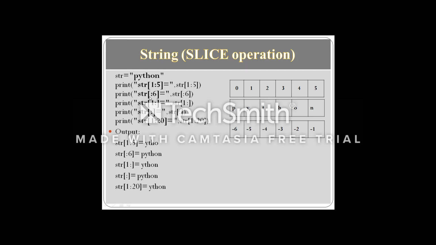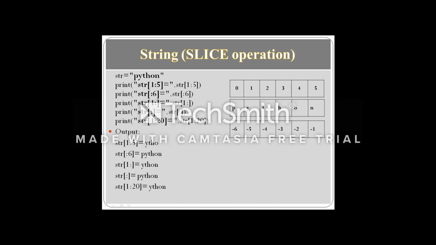See here, you are accessing from position 0 up to the 6th position. Since the 6th index value is not there, the whole string stored in the variable str will be accessed. Therefore the answer is Python, that is the whole string.